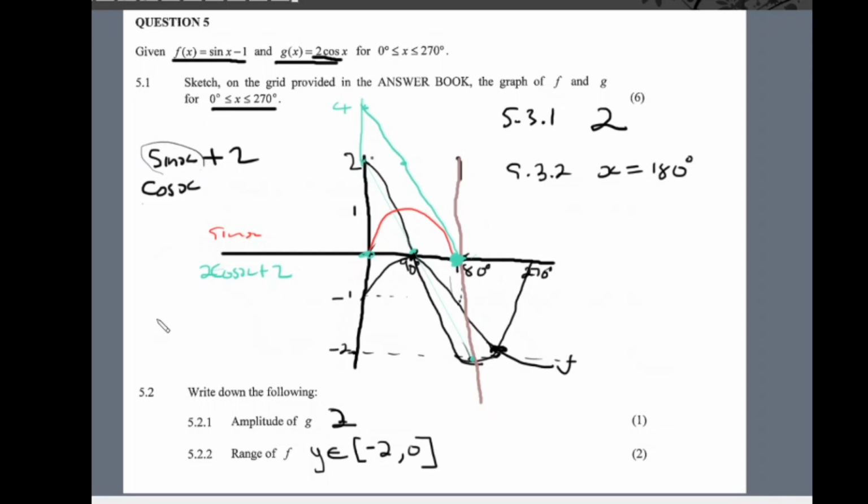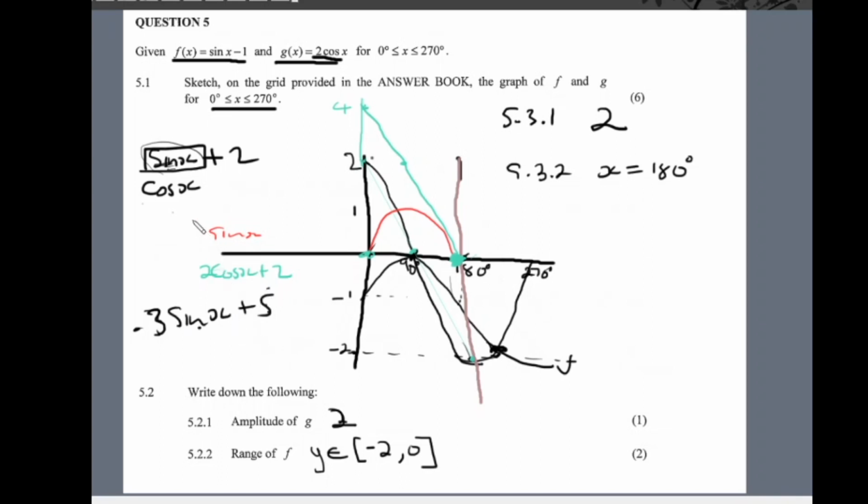Even if they say 3 sine x plus 5, you will be able to sketch it if you can sketch the graph of sine x alone. What you'll do there is just transform the standard graph. For instance, in this case, you'll multiply every point in the standard graph by 3, and then after that shift it 5 units up.